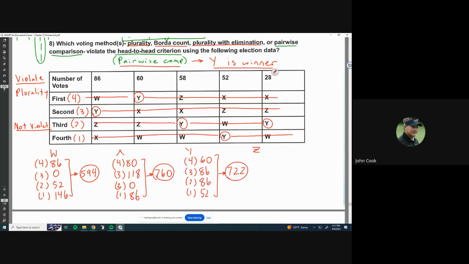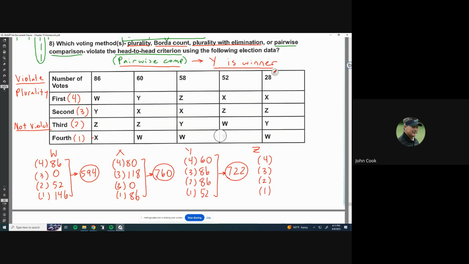All right, and then I go to Z. So Z, first place votes, second place votes, third place votes, and fourth place votes. Let's see what we get for those. All right, circle all the Z's. Okay, so first place votes. Looks like it's just going to be 58.